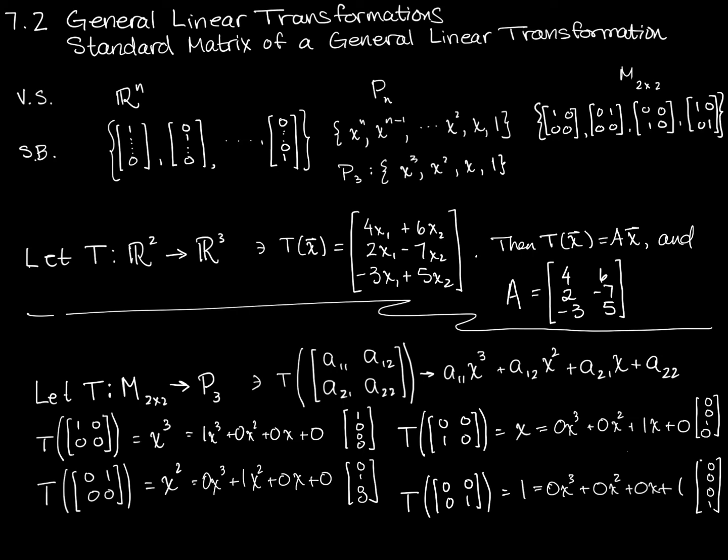If I put all of those together into a single matrix, I get my first column from here, my second column, my third column, and my fourth column. And that is the standard matrix for the transformation T.